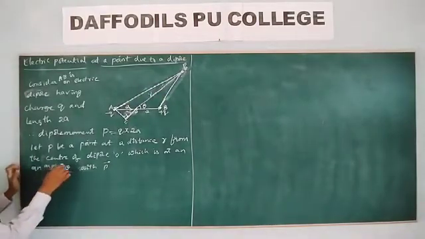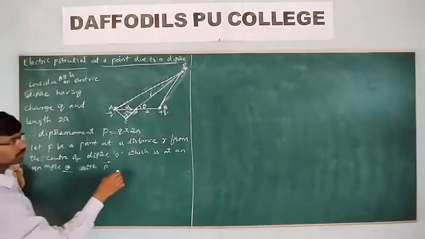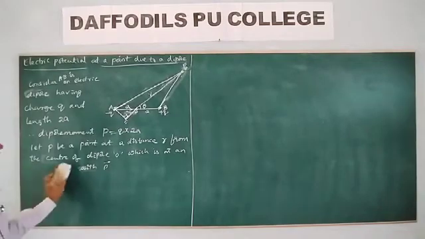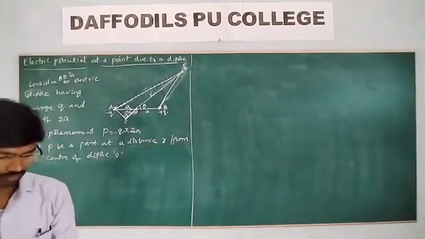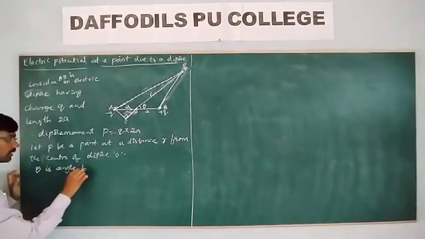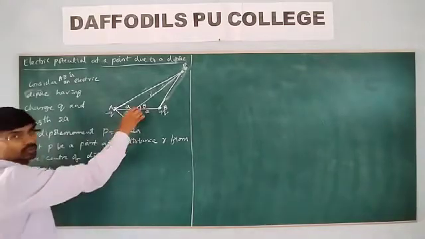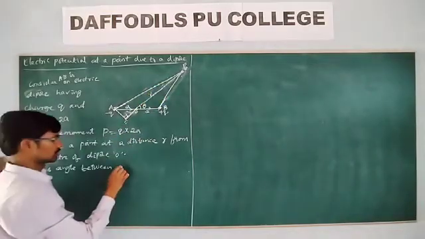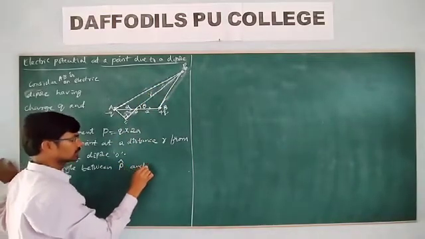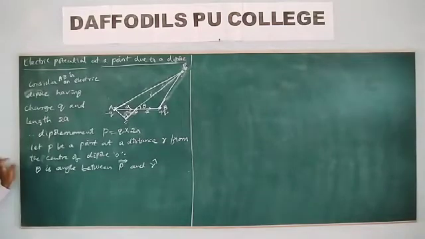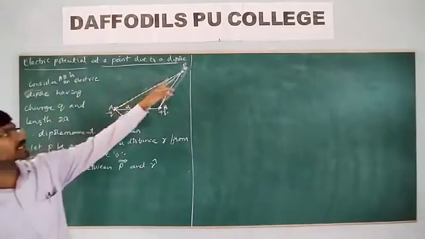Let me write here separately: theta is the angle between the dipole moment and the radius vector, p cap and r cap. This is r cap, the position vector.